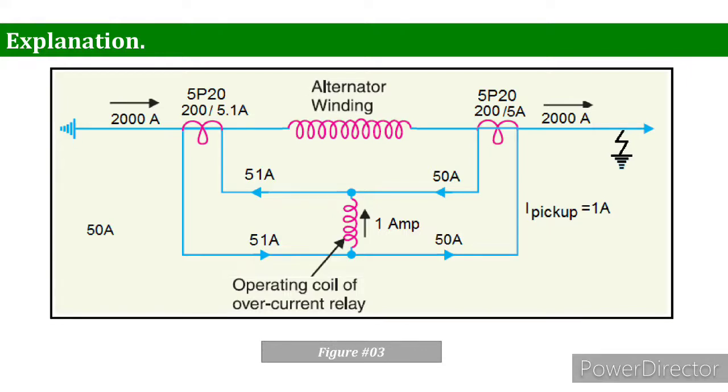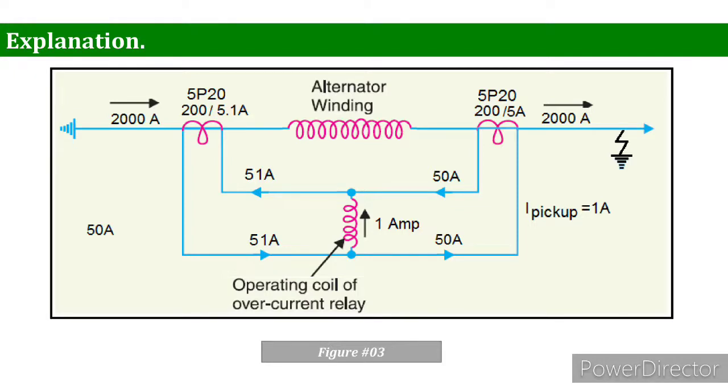Due to this mismatch, for example on the 5.1 side there is a 51 ampere current, and on the 200 is to 5 ampere side there is a 50 ampere current. So if we subtract 51 minus 50, 1 ampere will flow through the operating coil of the overcurrent relay. And as you can see, the pickup that has been set for this alternator winding is 1 ampere. So at this stage, a false operation is performed even in an absolutely balanced case.